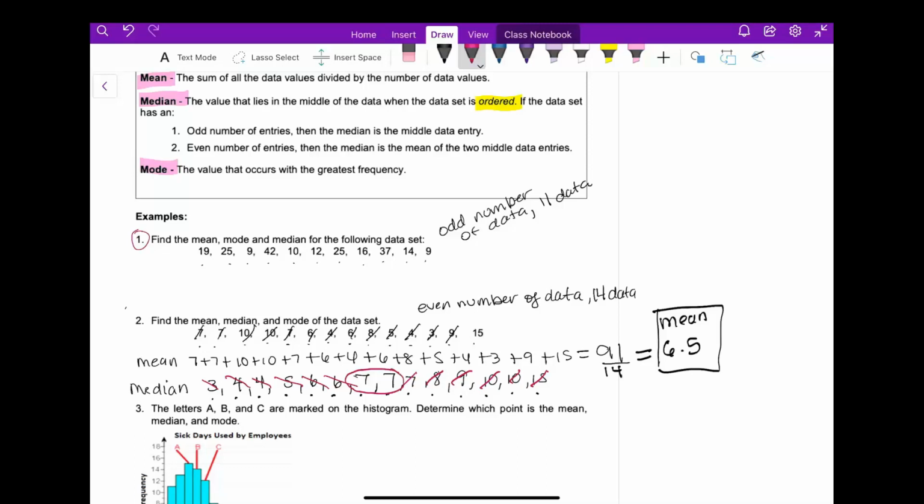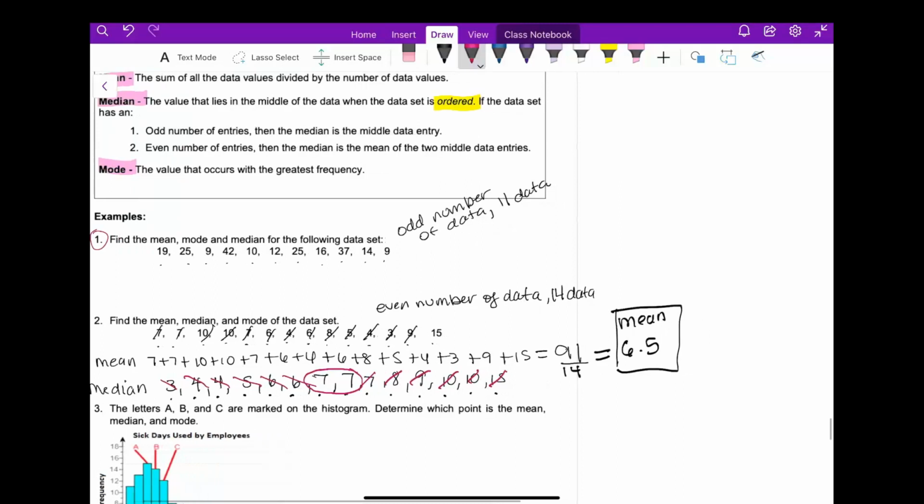So remember I mentioned that 2 was just slightly harder than number 1. In number 1, you're going to have an odd number of numbers. So when you get to this middle point, you're only going to have one number left, and that's your median. Very easy. I showed you the harder problem because now I have to take the 7 plus 7 and divide by 2.